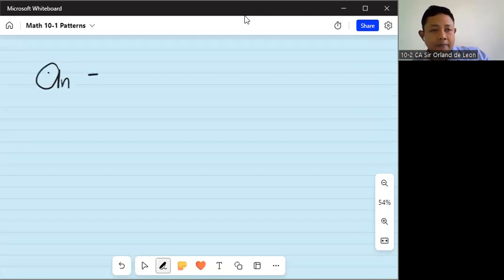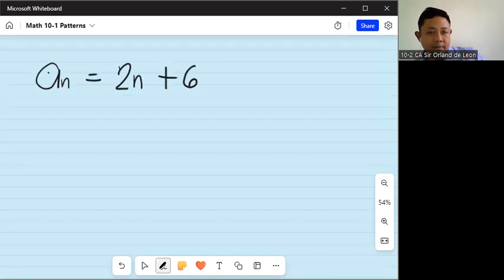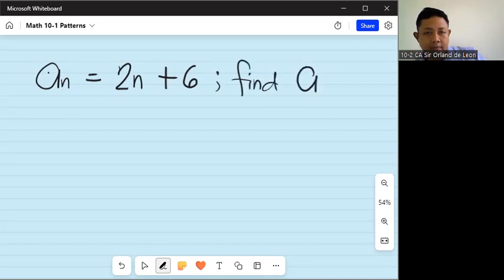A sub n is equal to 2n plus 6. So from the word itself, I just told you that this is a formula. Okay. For example, we are asked to find A sub 30.